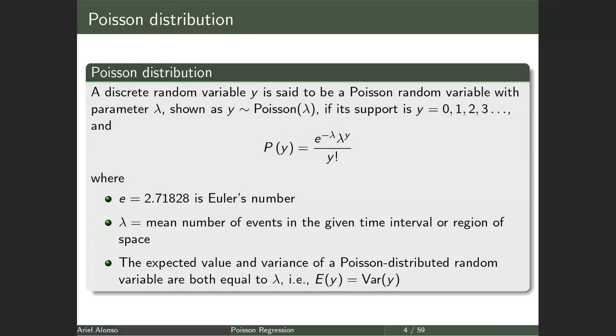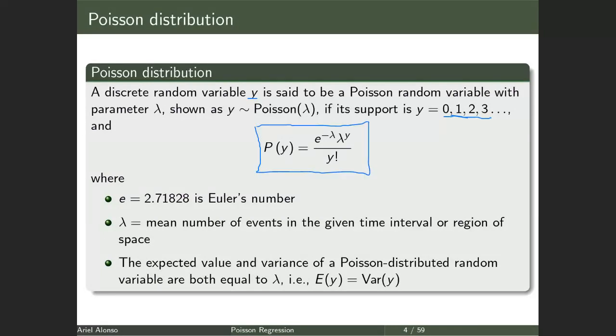You have a discrete random variable y, and you're going to say that this random variable follows a Poisson distribution. It has as support, of course, the natural numbers, including 0: you may have 0 events, 1 event, 2 events, 3 events, etc. And the probability that you will have y events is given by this expression over here.